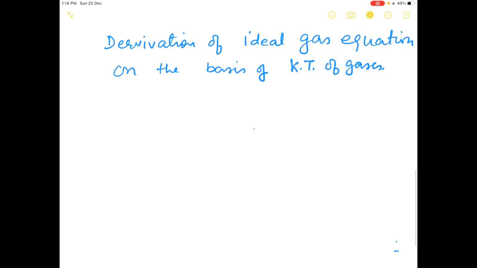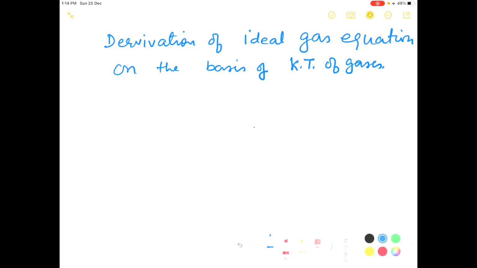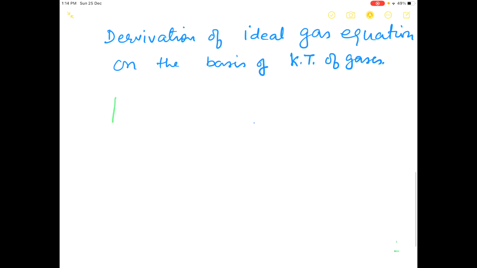This is a very interesting topic, and we can see the molecules in a gas. If this is the container, the length of one edge of the container is L, and this is a cubic container.